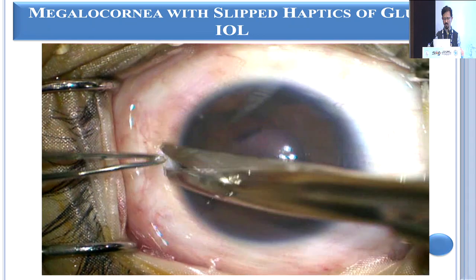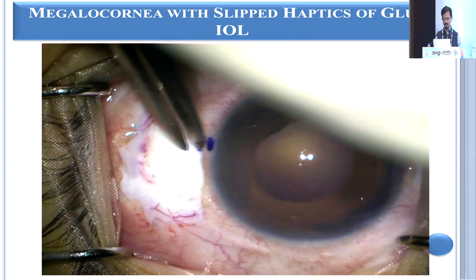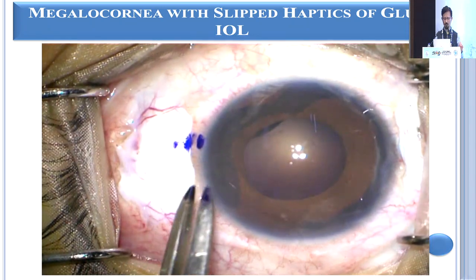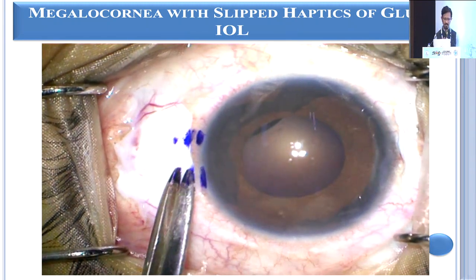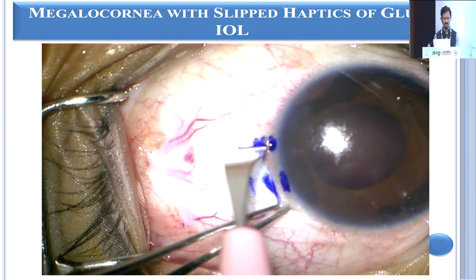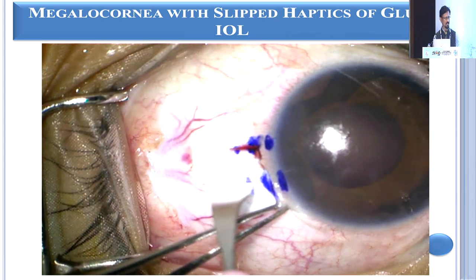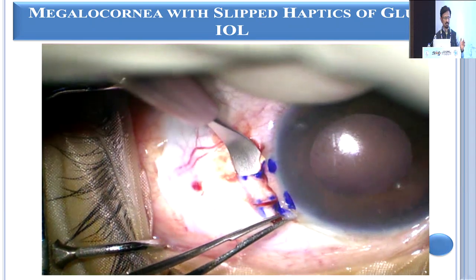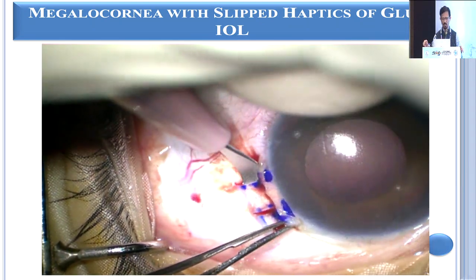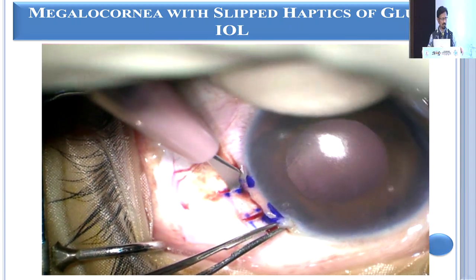We measured the size of the cornea, and then decided to go for a posterior limbal flap, just behind the limbus. We will create a flap and a groove just next to the limbus, and vertical, not horizontal, because vertical white to white is smaller than horizontal white to white.